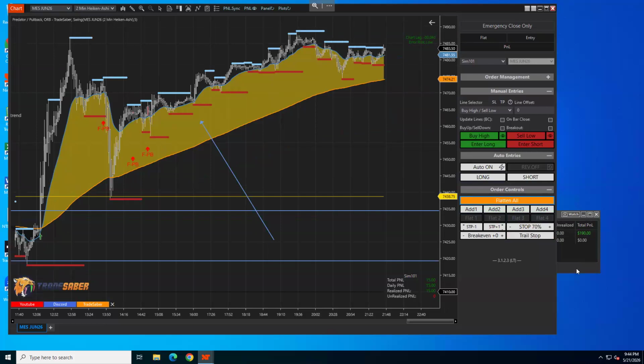This is a sim account. My sim account started with a hundred and I've made $128,000 on the sim. Out of that, I put in probably like $5 on the mini, and then you just made $15 in 30 seconds.